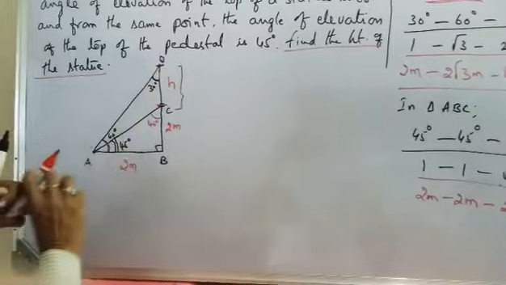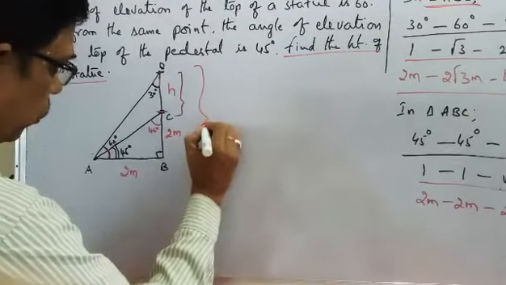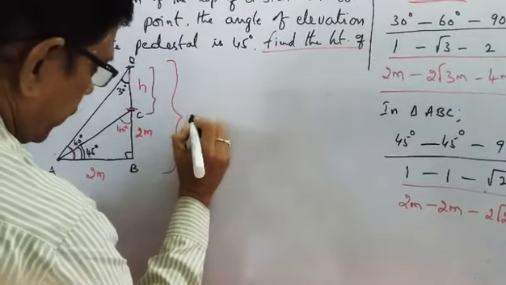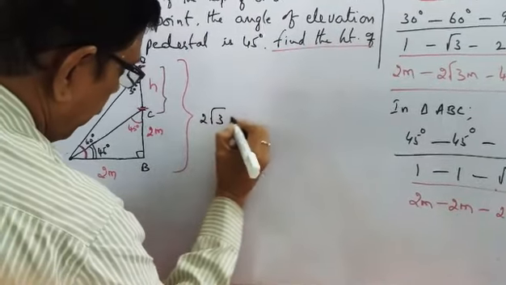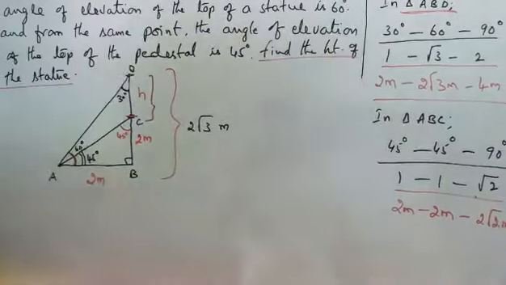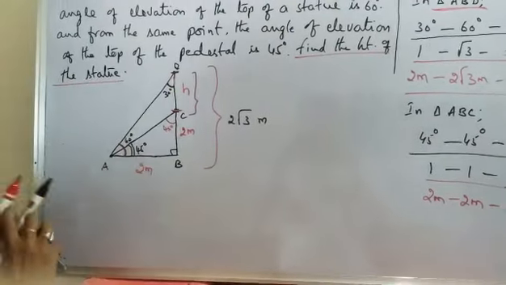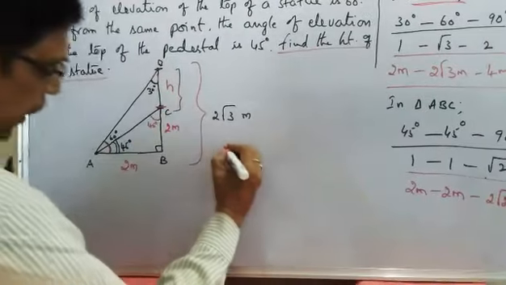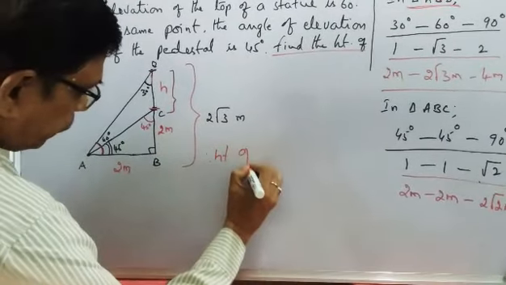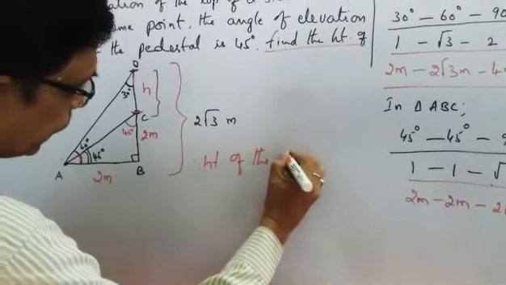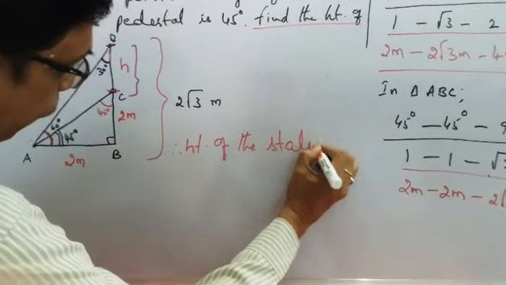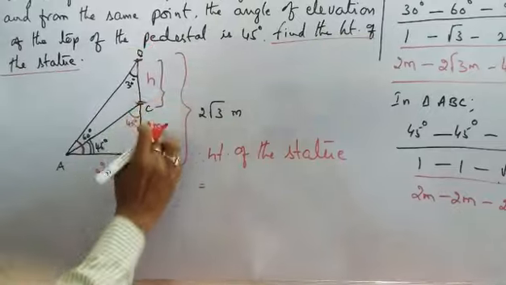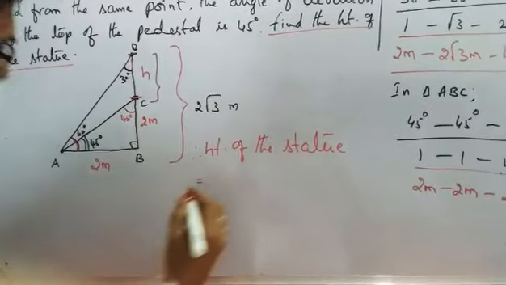So what is the total height we got now? This total height we got is equal to 2√3 meters. Now he is asking to find h. Therefore h, that is the height of the statue, is equal to 2√3, that is BD minus BC.